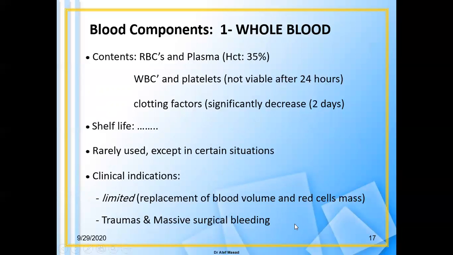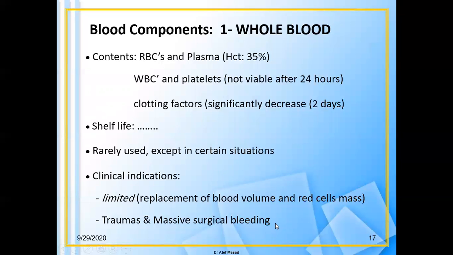And we talk about these types of anticoagulants, where the maximum shelf life of blood in the anticoagulant is 35 days. And we can extend it to 45 days according to the components of the anticoagulant and other materials present in the anticoagulant solution.